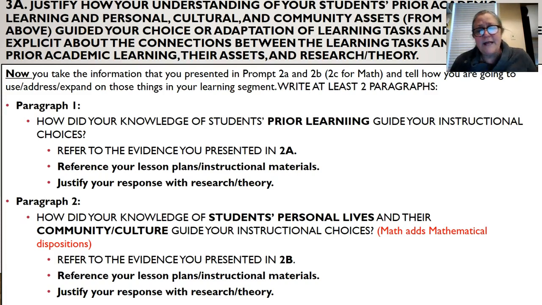Reference your lesson plan. Say things like, as you can see in lesson plan 2, I added blah, blah, blah. Or you can say, if you can see in my instructional materials on day 3, I gave the students a specific support to blah, blah, blah. And then you justify your response with research and theory.